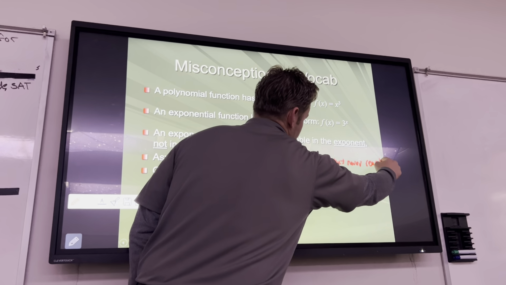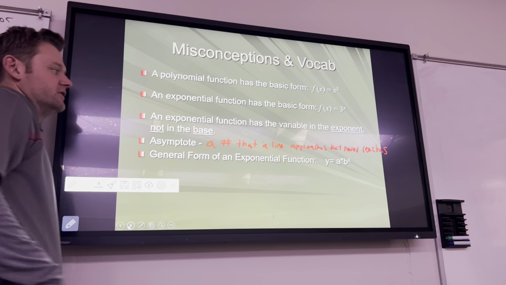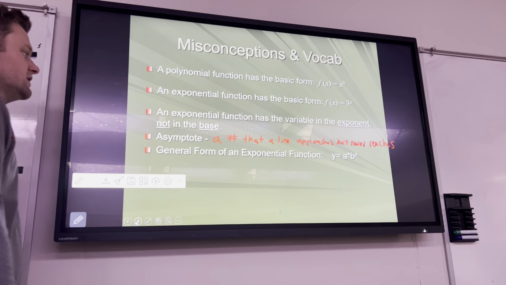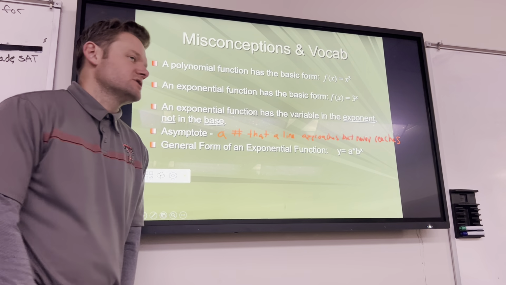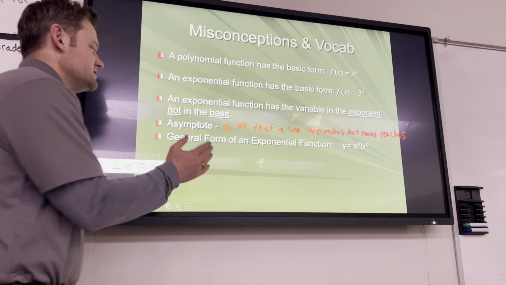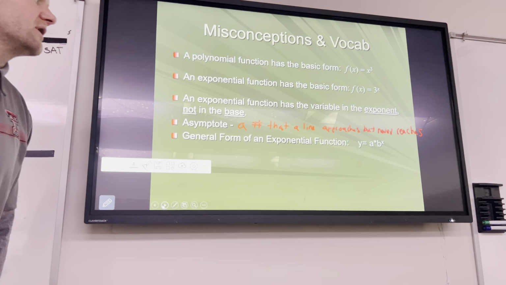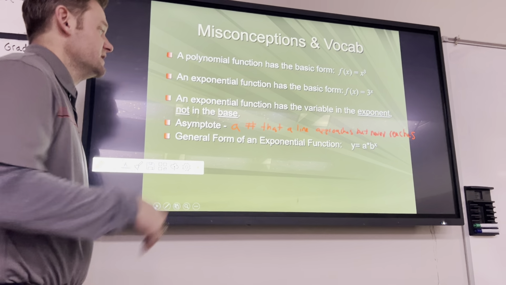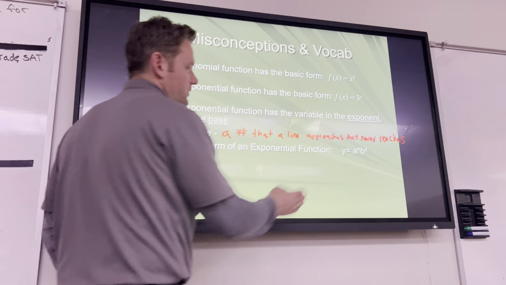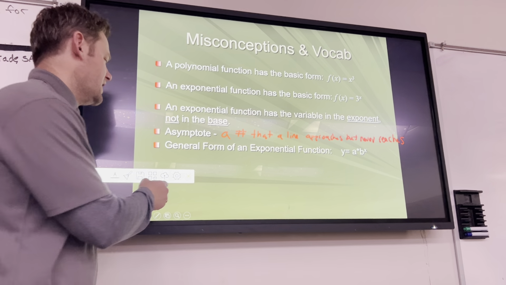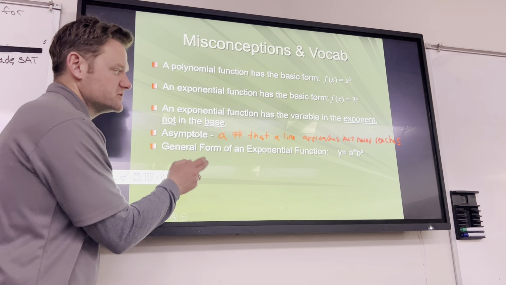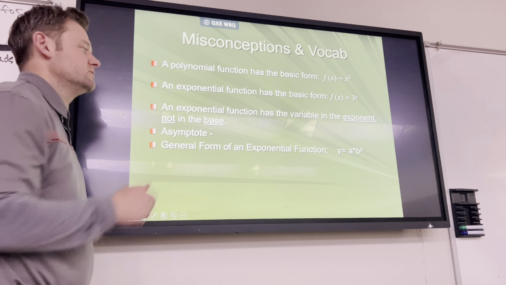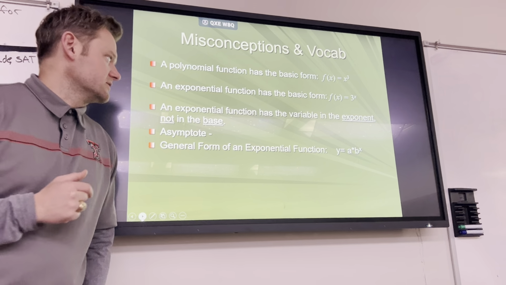This is in your packet, so make sure to fill in that definition. Exponentials do have asymptotes. They're usually at 0 if we haven't moved our exponential function up or down, and we'll explain why that is. Again, we have to know the general form of an exponential: y equals a times b to the x, with the x in the exponent. So go ahead and go to the next.